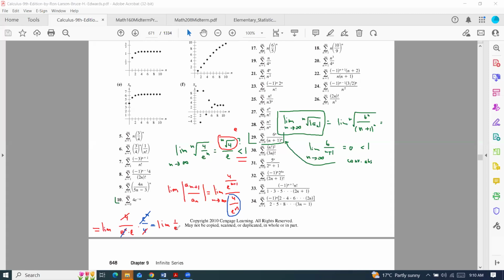So it's like 1/2, something like that, 1/3 in between of these. And this is really 1 over e. Doesn't matter what happens with n, because you take the limit of a constant, and this is less than 1. So this is going to be what? Absolutely convergent, right? Convergent series.